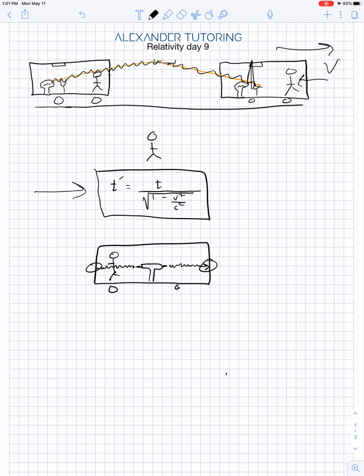However, what does the guy on the embankment see? Well, remember the train's moving with speed v this way. The little two-way laser fires, but as it fires, the train moves forward a little bit while the light's making its way to the front and the back.